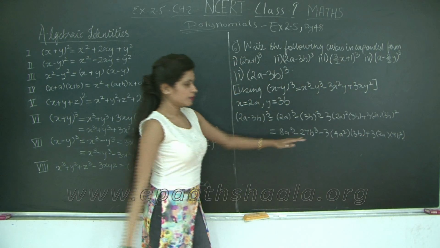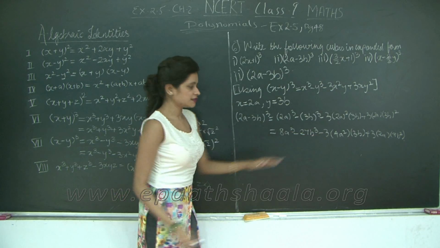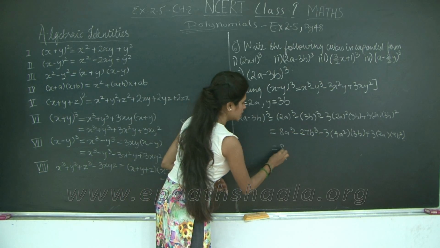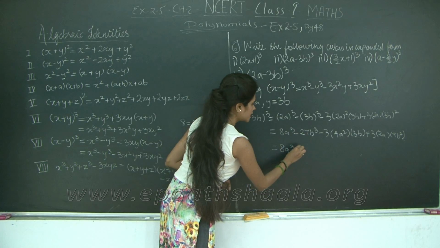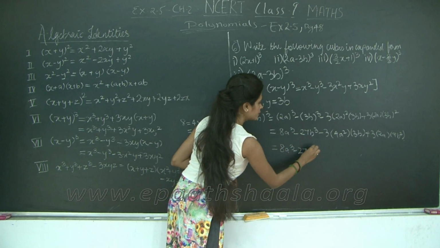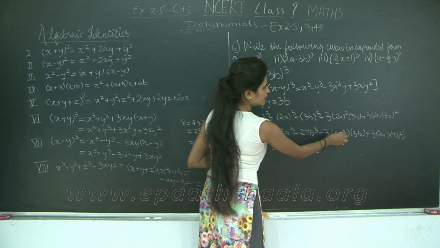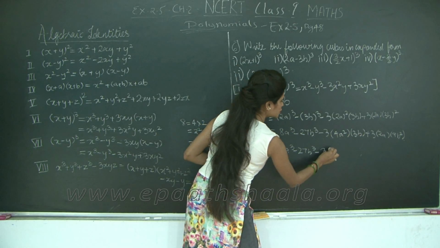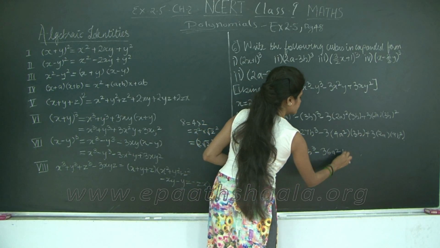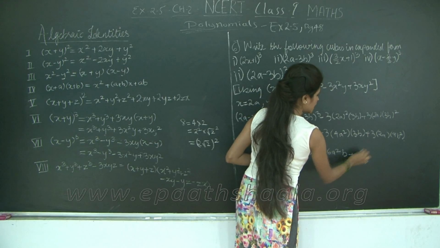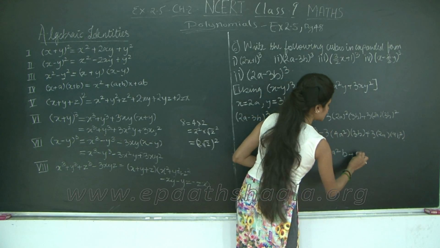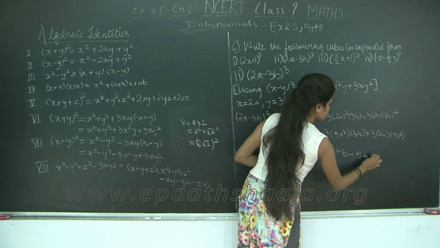Right? We will have to further expand this. So this will be 8a cube minus 27b cube minus 3 4s are 12, 12 3s are 36. So 36a square b plus 3 2s are 6, 6 9s are 54. So 54ab square.